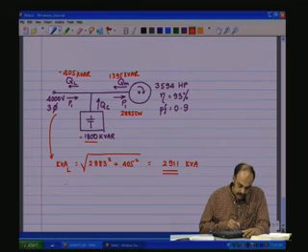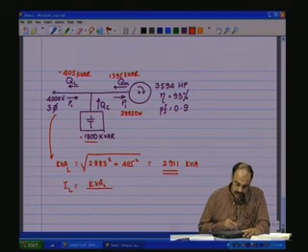And what is the line current? IL is equal to kVA divided by root 3 EL, since kVA is nothing but root 3 EL IL. We saw the power equation in the last class.